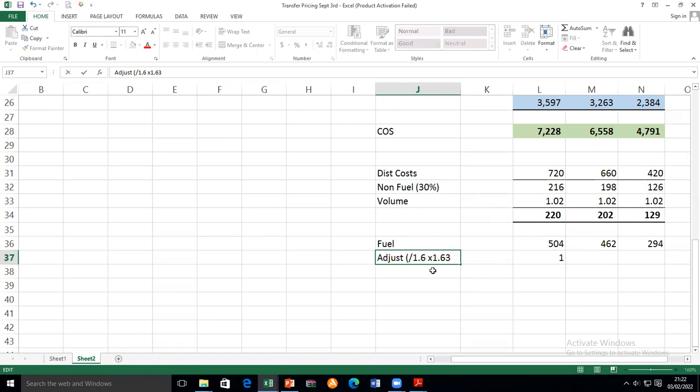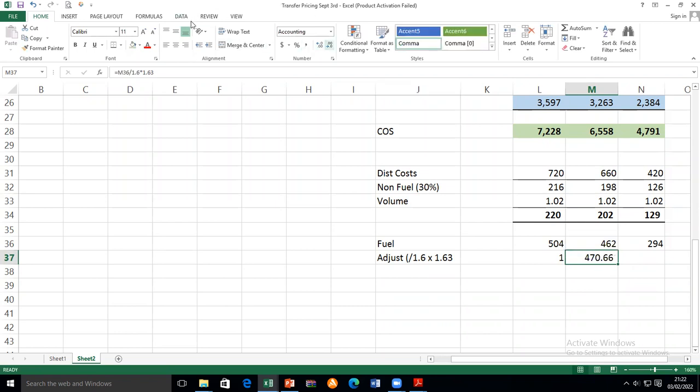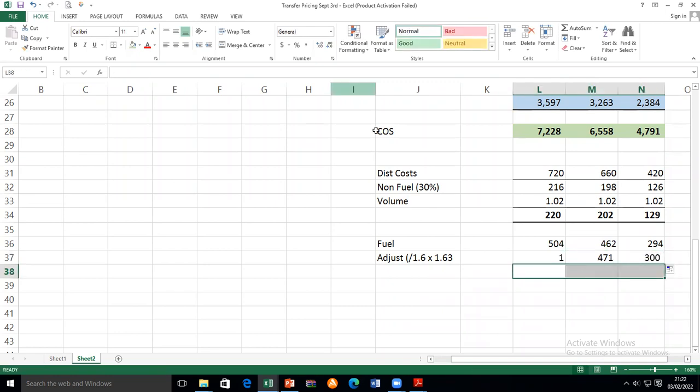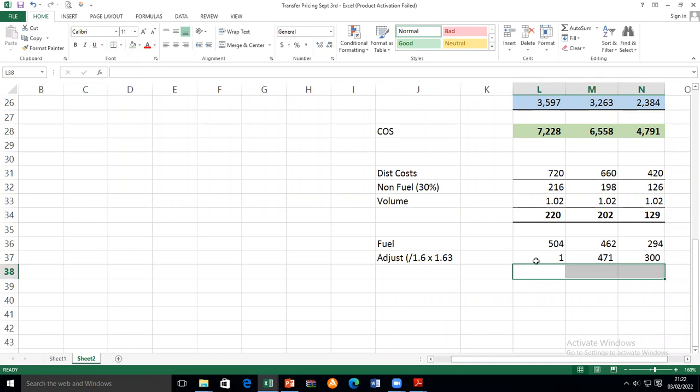We are putting a 60%. Now we are saying that here it's okay. But here you're not supposed to put a 60%. So you're supposed to take this figure, first of all, divide by 1.6, then multiply by 1.63. So this is the correct figure now here. So this is what happened to the fuel.